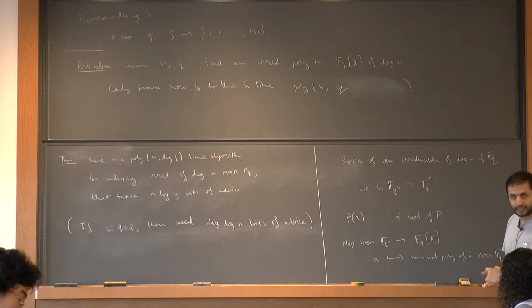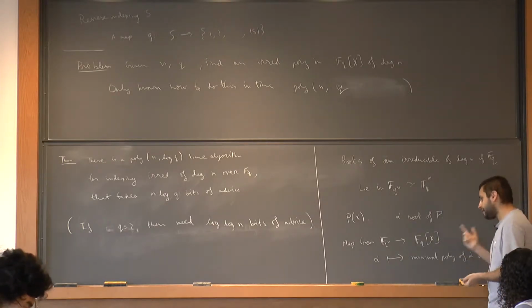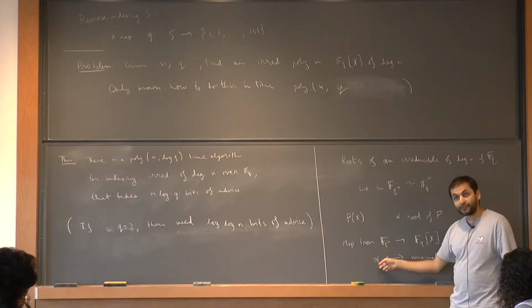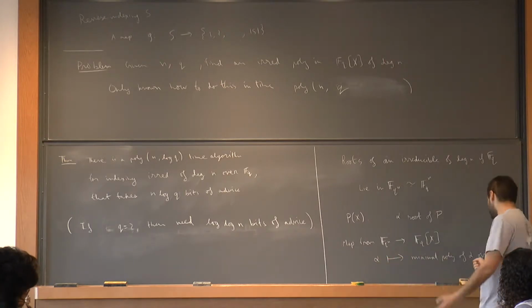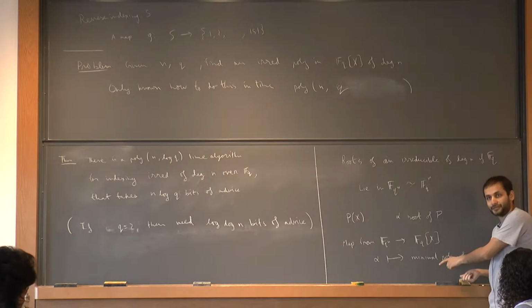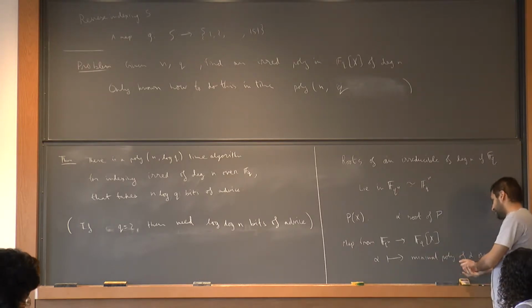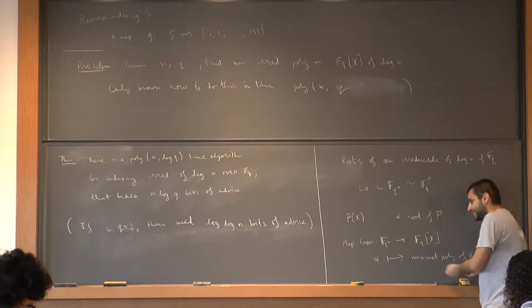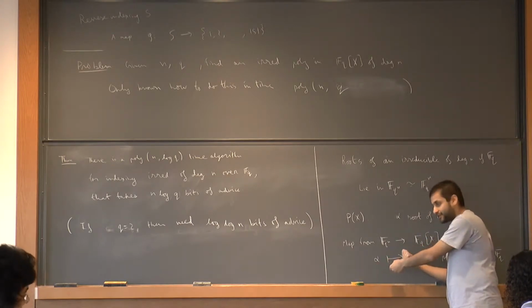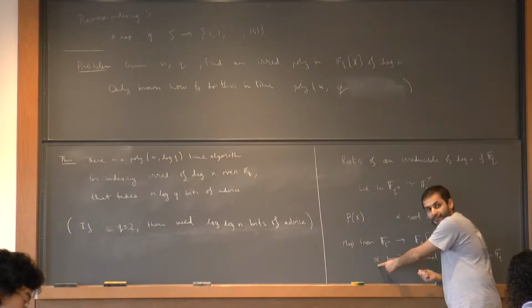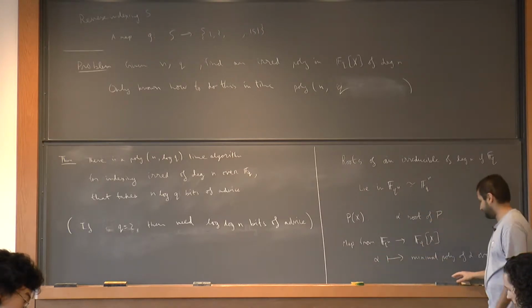That's not a bad map. Maybe we can now try to choose alphas in a good way so that we get the irreducible polynomials of degree n. Because the minimal polynomial might be something smaller, but we want the minimal polynomial to have degree n. So maybe we can choose the alphas which are primitive to FQ to the n, the ones which have minimal polynomial of degree exactly n.